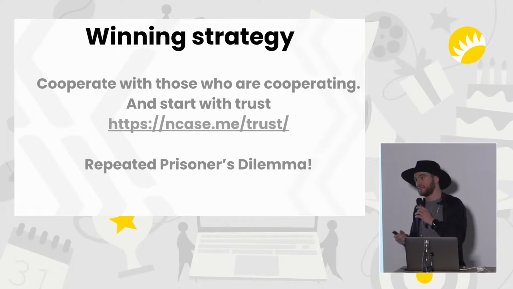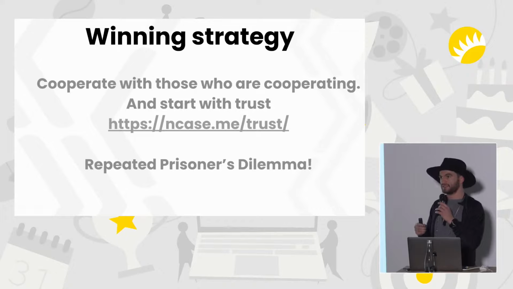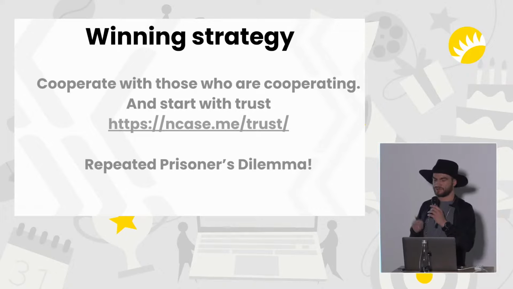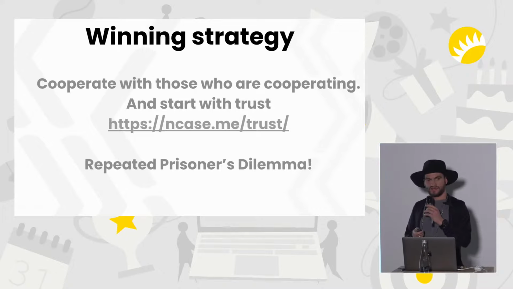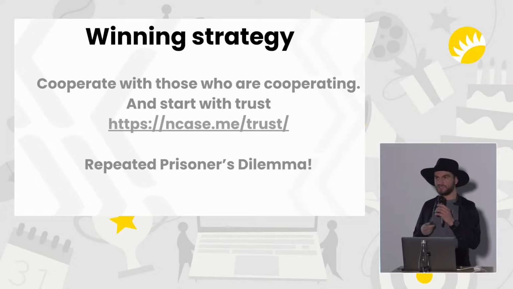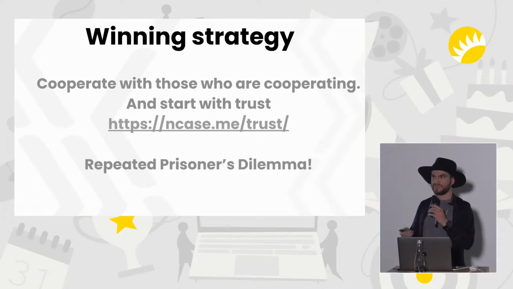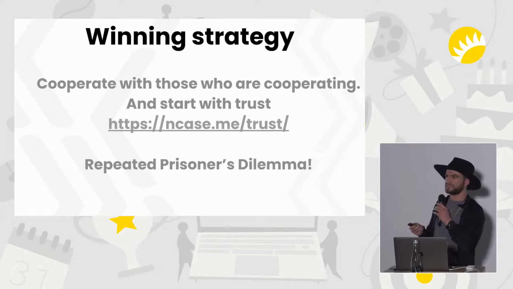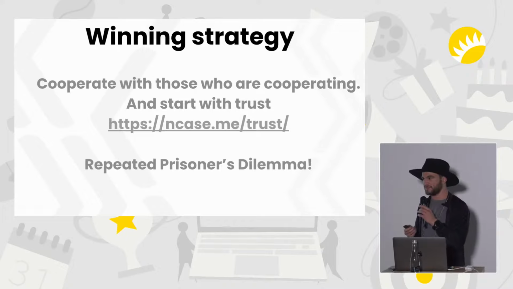You can go to ncase.me/trust and see how it works with different strategies, with repeated prisoner's dilemma and many other games like this. So you can learn as a hard skill how cooperation works, and what is the best strategy of trust management.